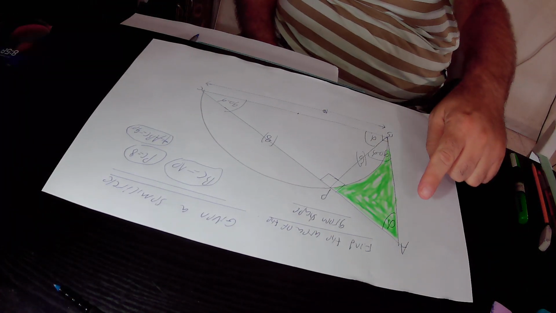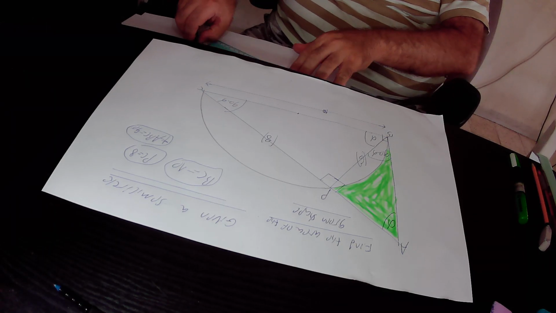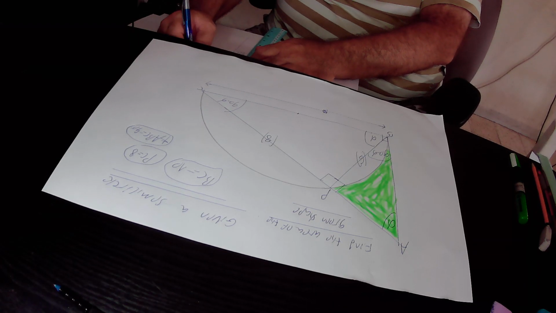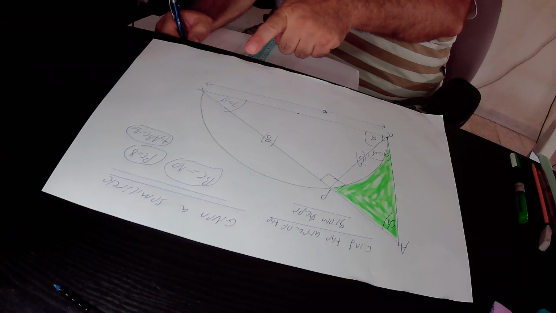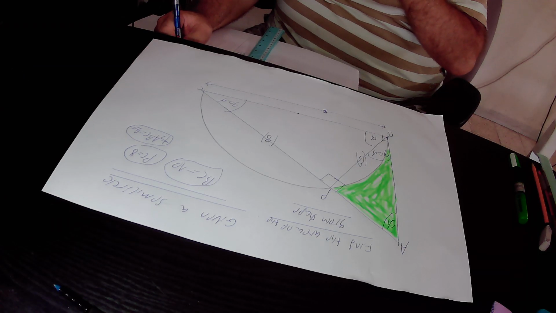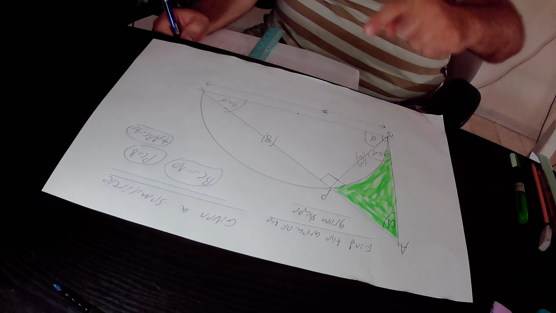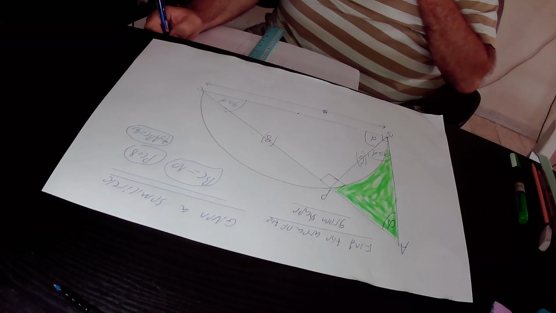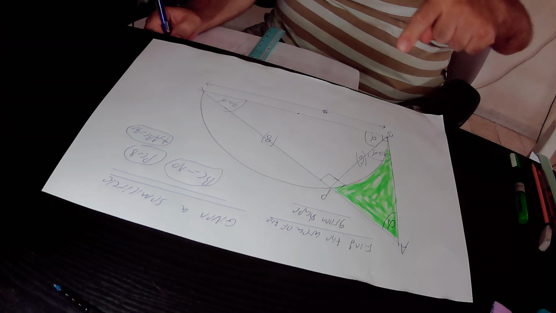We derive that side AB of triangle ABP over side BC of the right triangle PBC is equal to side AP of the right triangle ABP over side PB of the right triangle PBC.